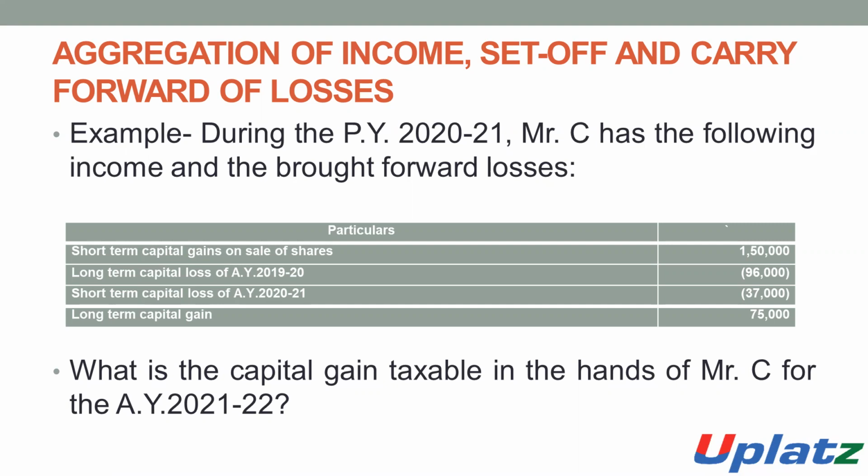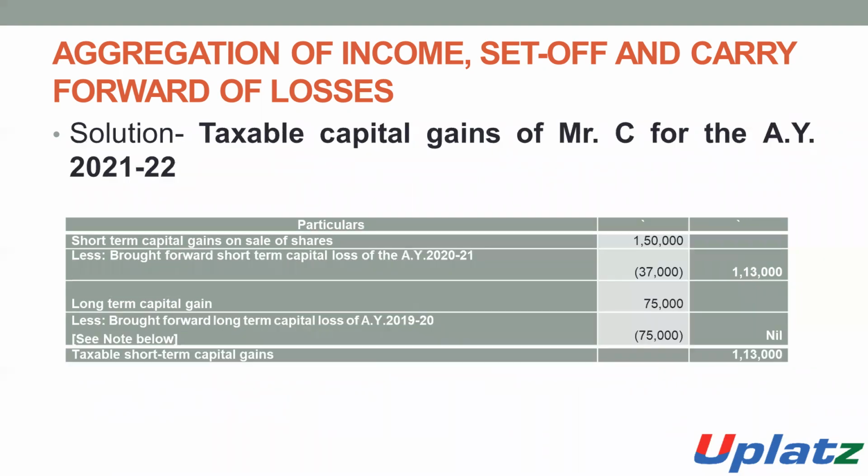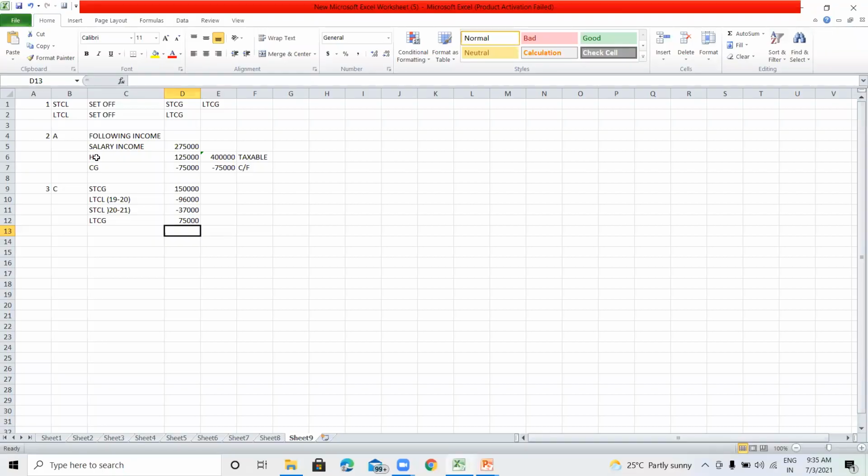What will be the amount which will be taxable under the head of capital gain? First there is the short-term capital gain of 1,50,000 rupees. Against this short-term capital gain, we will not adjust the long-term capital loss, because a long-term capital loss cannot be adjusted with the short-term capital gain.